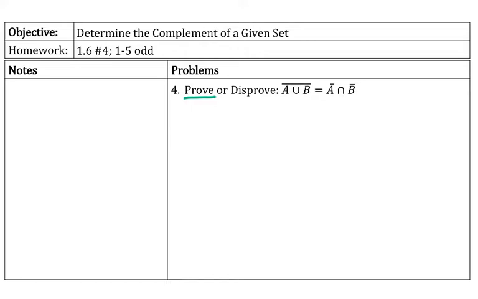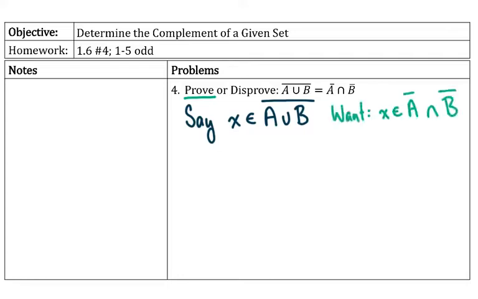Since this one did work with our first counterexample, we are going to set up our proof the exact same way that we've talked about before, in last week's material plus last week's quiz. We're going to start by saying that we have an element x in this first set, and we want to show that x is an element of the other set. If this is true, that's the same as saying that x is not an element of A union B. That's the definition of complement.